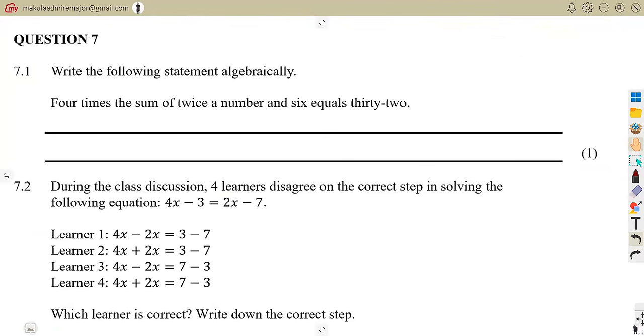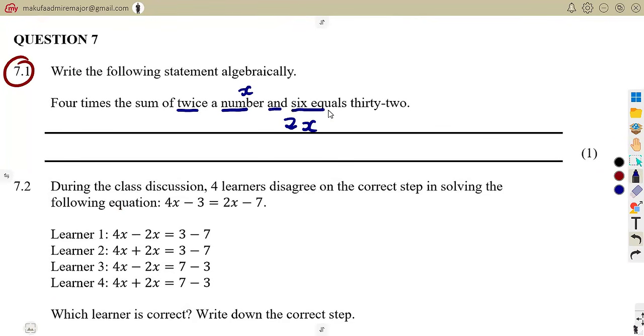On question number 7, we are given: write down the following statement algebraically. 4 times the sum of twice a number and 6. So we do not know the number. Let's say it's x. So twice means 2 times that number.